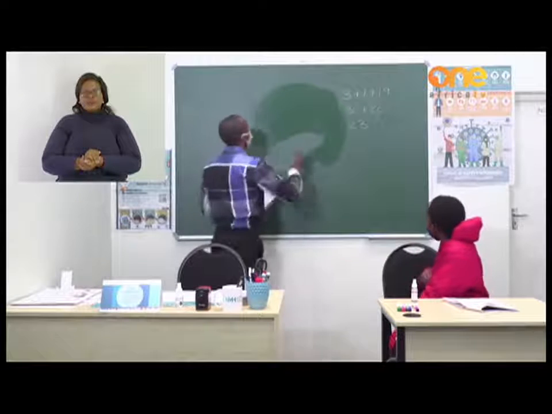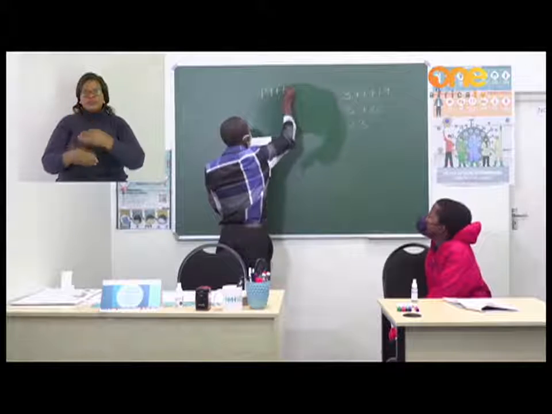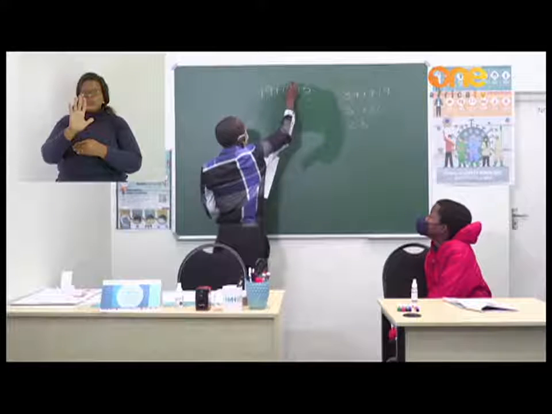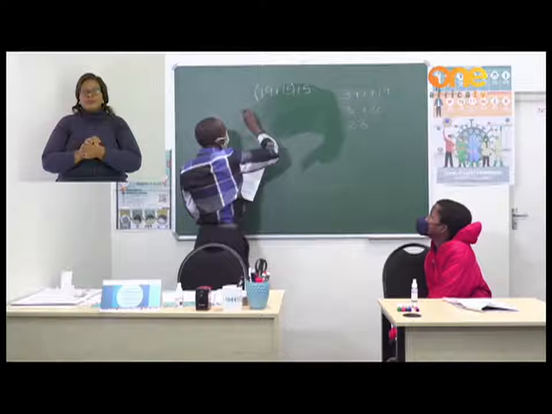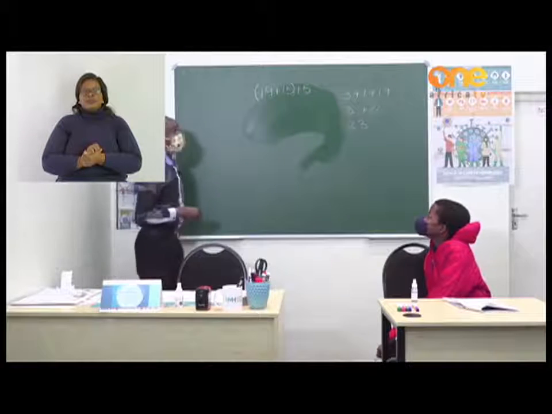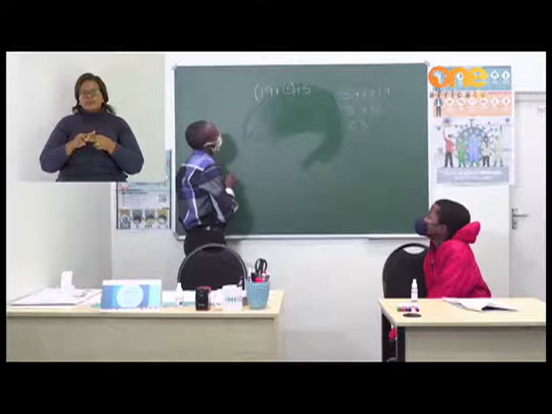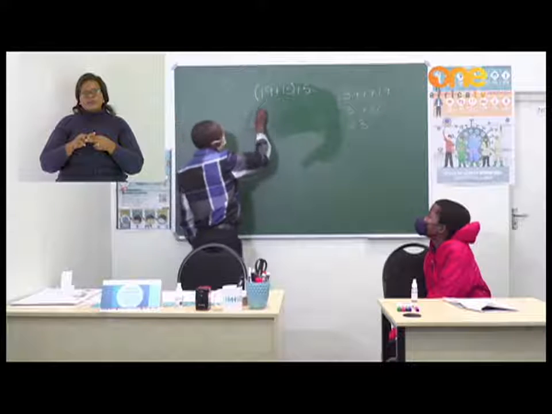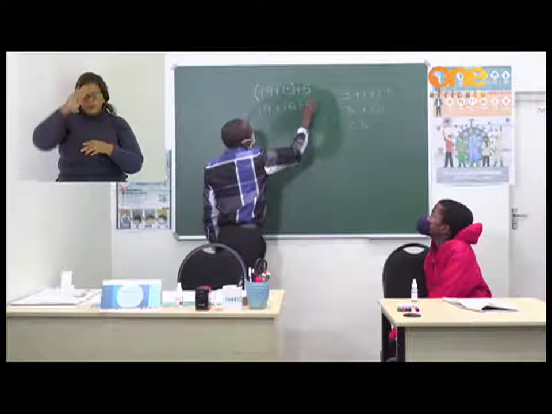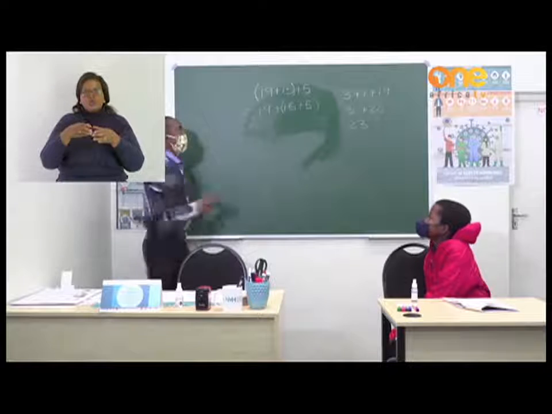So we have 19 plus 15 plus 5, and here we have a bracket. I'm going to use the associative property of addition. I'll put the 15 plus 5 in the bracket. Why?